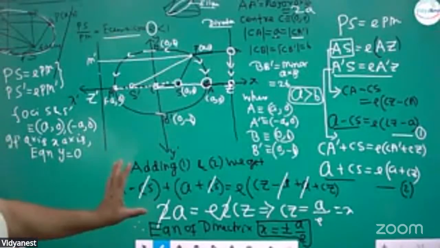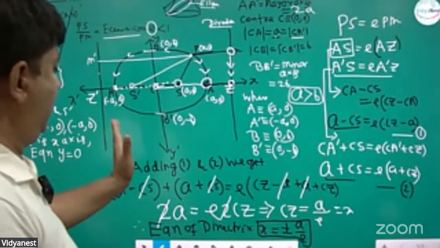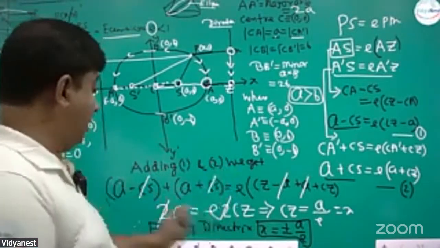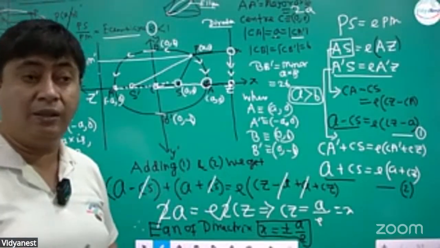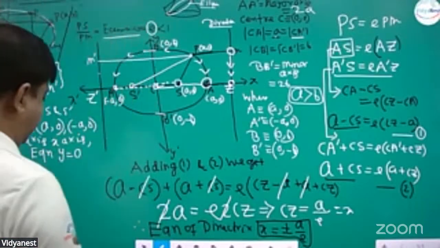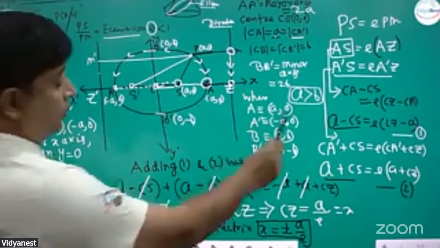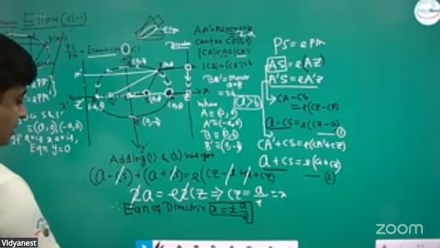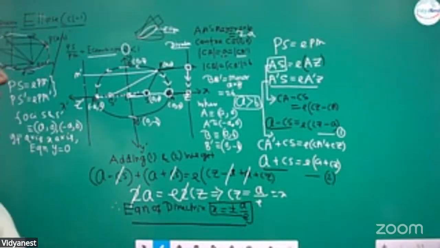This is one of the important properties. See, you added 1 and 2, you got the directrix. But if you try with subtraction, will you get any other new result? Yes. Let us see. Subtract 1 from 2. See, we have got this result, that is the equation of the directrix.